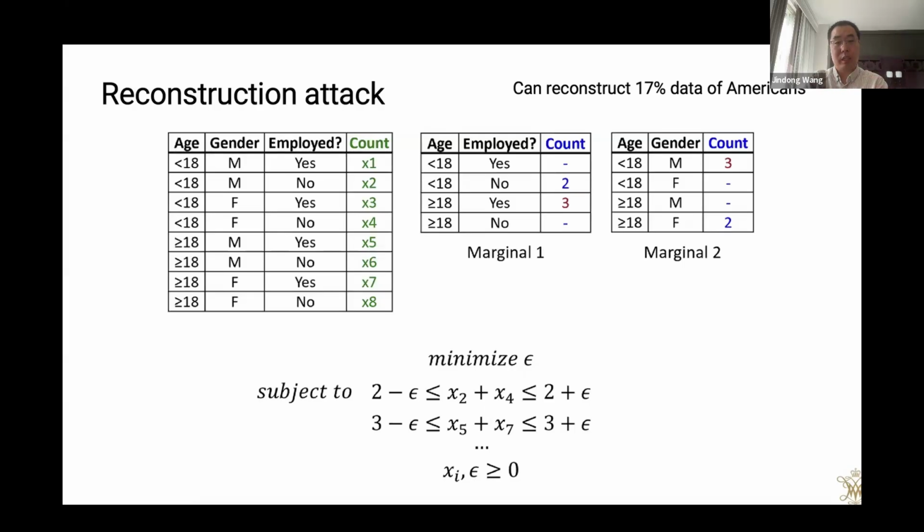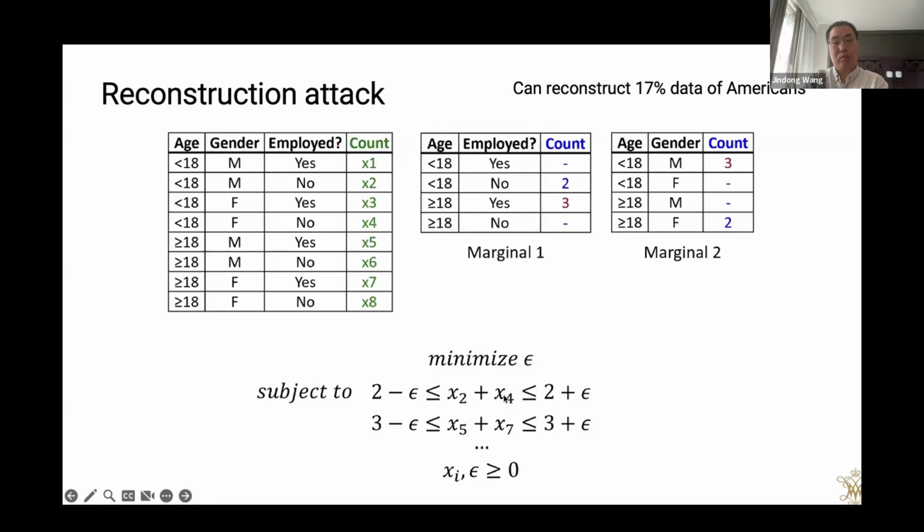It's not directly equal to 2, but 2 minus epsilon, where epsilon could be extremely small, and it's a real number. I'm doing this to make the system more flexible and more solvable, because I'm going to have x2 plus x4, x5 plus x7, a list of these equations to satisfy at the same time. So we allow for this kind of flexible constant, we solve this linear system, and then we can immediately get the number of x2 and x4.